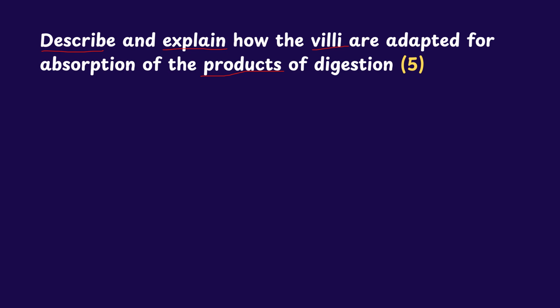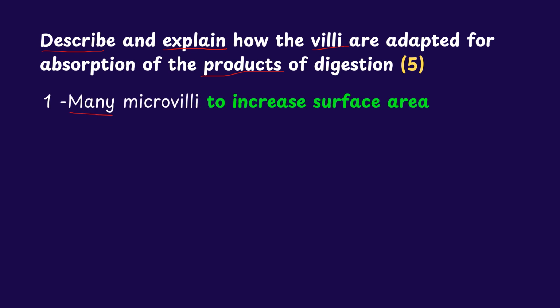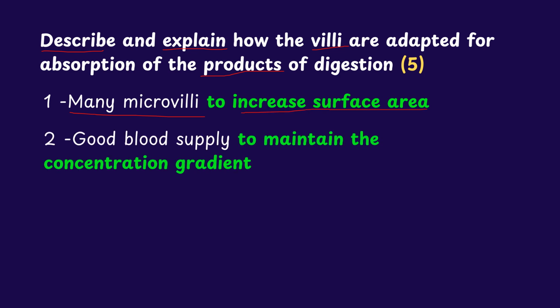All right, so for each description, for example, many microvilli, you need to provide an explanation. And the explanation is that many microvilli will allow for an increased or larger surface area. Number 2, good blood supply. That's the description. And the explanation is to maintain the concentration gradient.